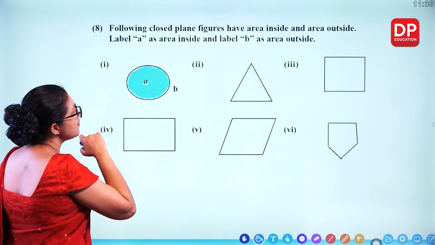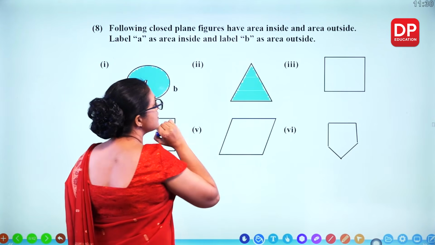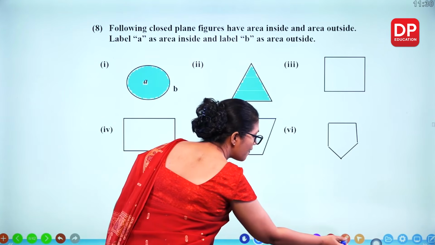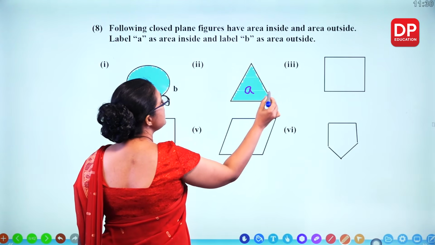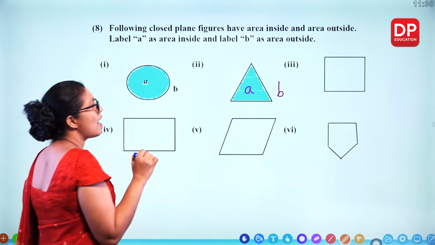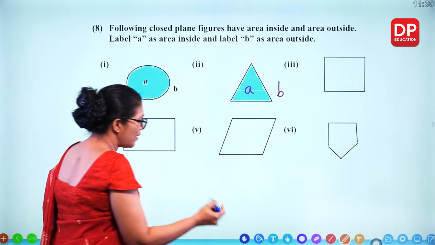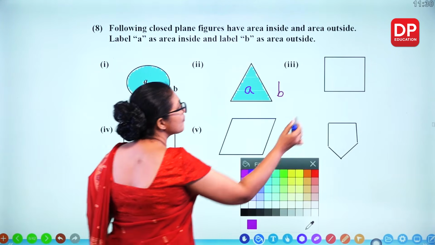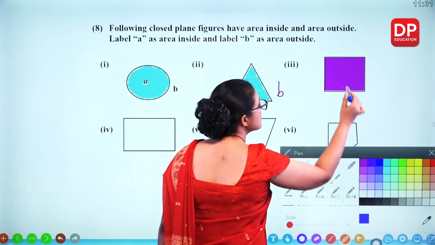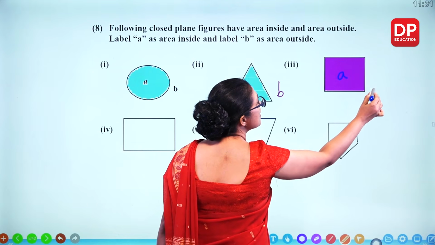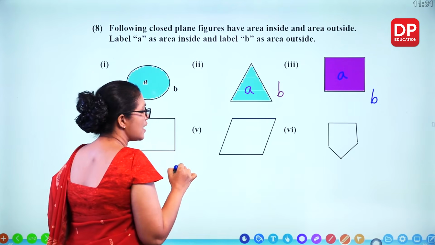Now how can we write this one? This is the inside part. So we can write A inside, B outside. This one, that's inside. So A inside, B outside.